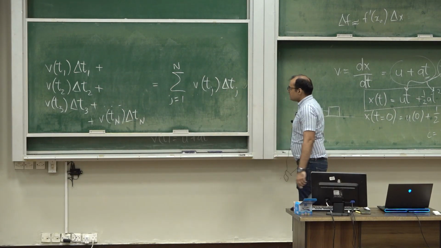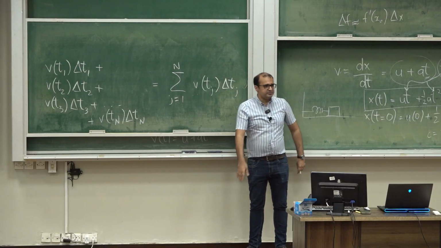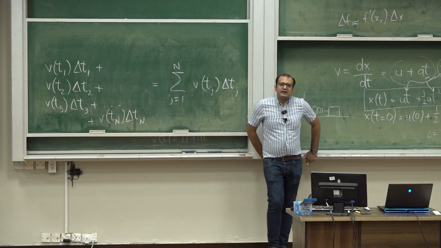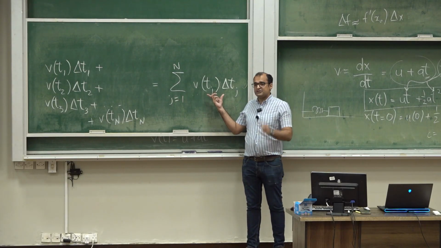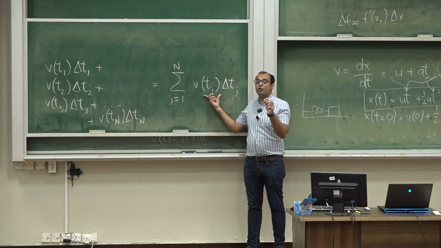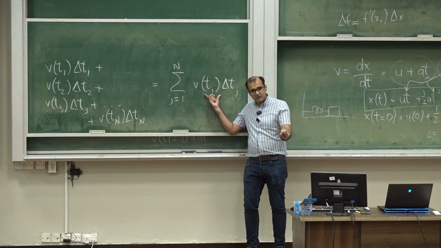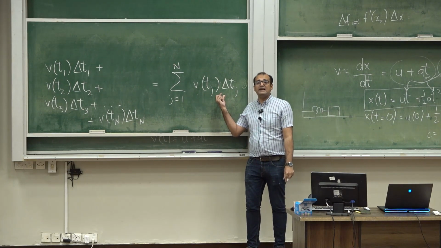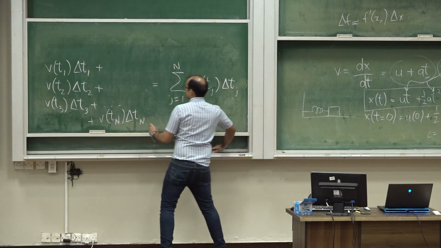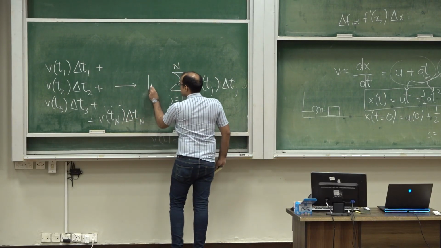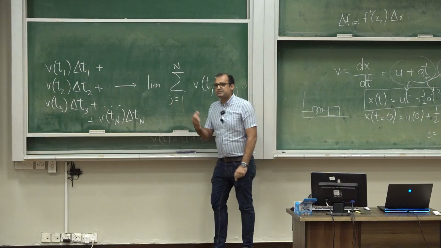Now, of course, you'll be objecting that there's still some error. Because the distance traveled is only equal to this if delta t is very, very small. So you say, what happens to this thing if I make each interval very, very small?